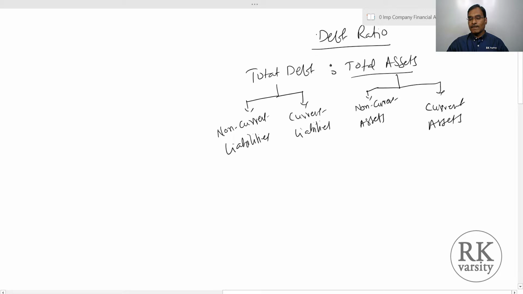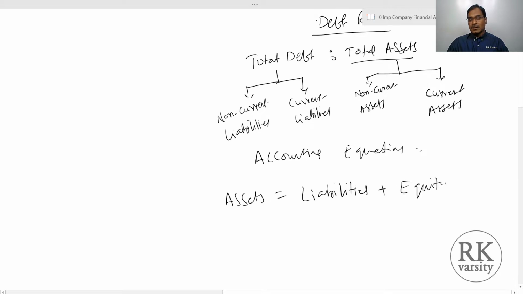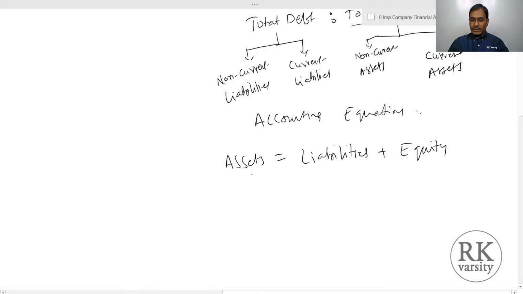The debt ratio, which is also called the total debt to total assets ratio, can be better understood from the perspective of the accounting equation. Assets equals liabilities plus equity. This clearly indicates that assets are the resources that the organization owns.